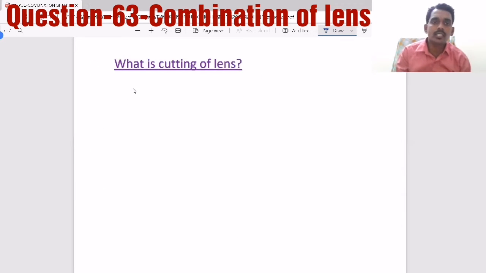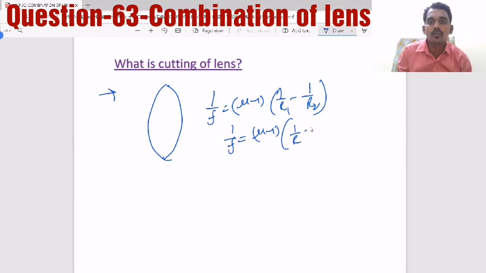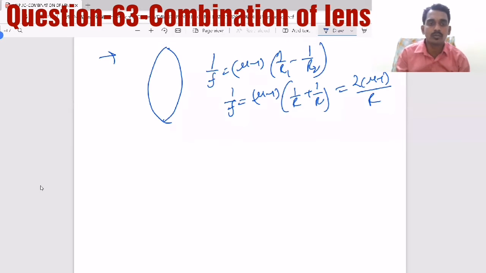Now the next thing is cutting of a lens. When you consider a lens, the focal length is 1 by f equal to mu minus 1 into 1 by r1 minus 1 by r2. If you substitute the values, mu minus 1 into 1 by r plus 1 by r equal to 2 into mu minus 1 by r. This is the 1 by f value.